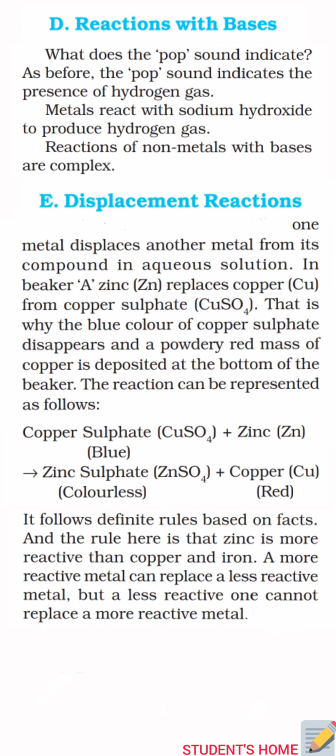A more reactive metal can replace a less reactive metal, but a less reactive metal cannot replace a more reactive metal. Now you can understand why there is no displacement between equally powerful metals, but there will always be displacement between metals where one is more reactive and one is less reactive.